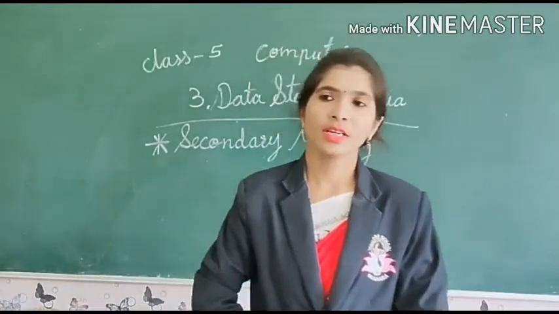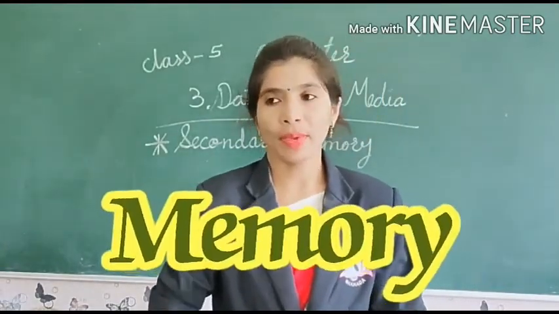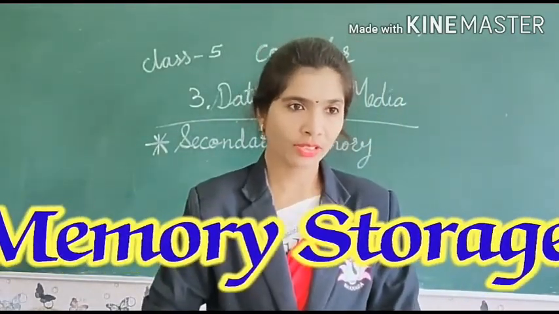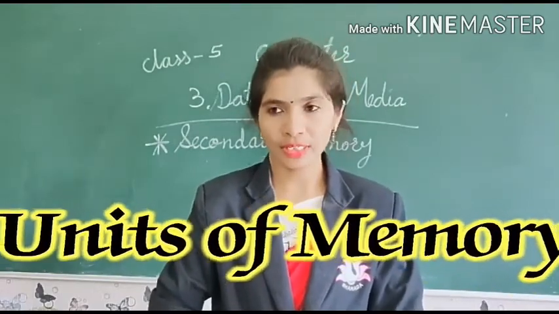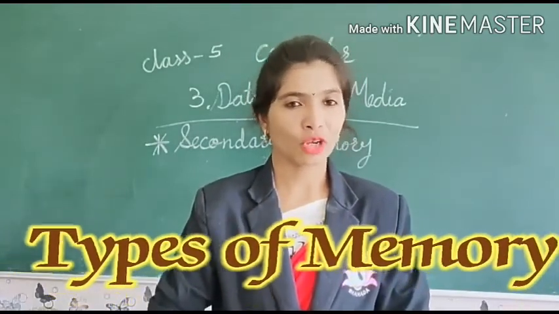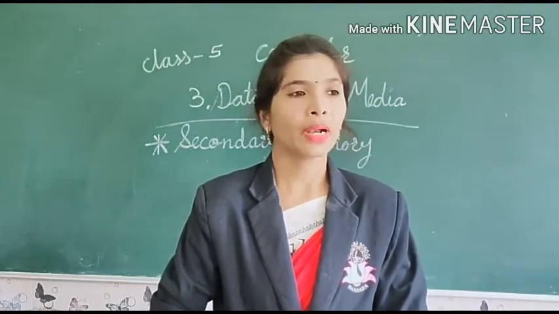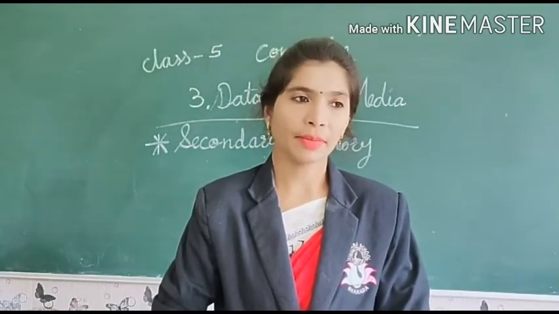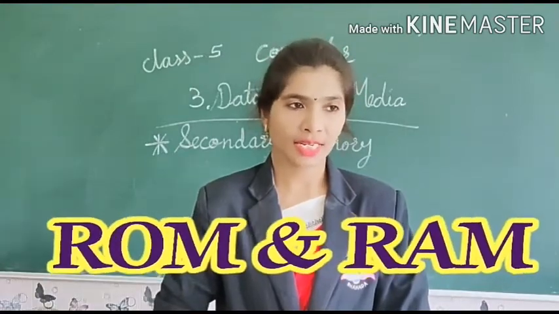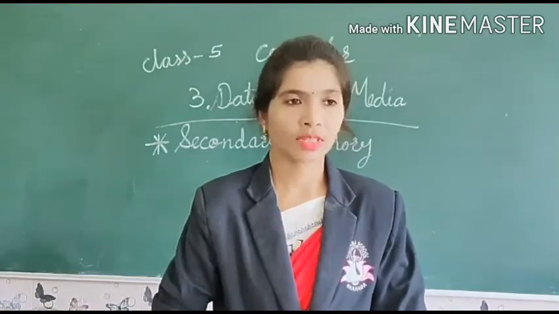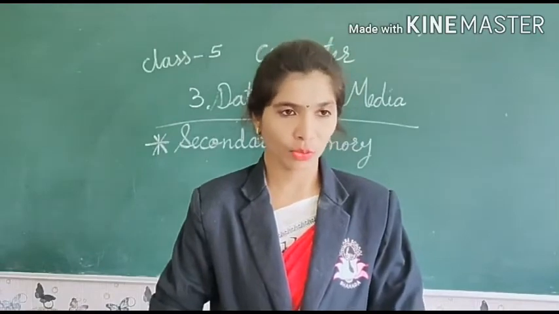Hello students, before we have learned about memory storage, units of memory and types of memory. In types of memory, we have seen primary memory. In primary memory, two types are there, ROM and RAM, that we have seen before.